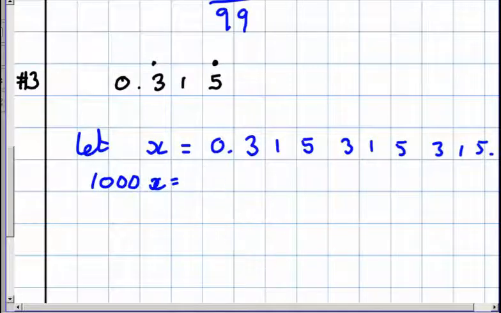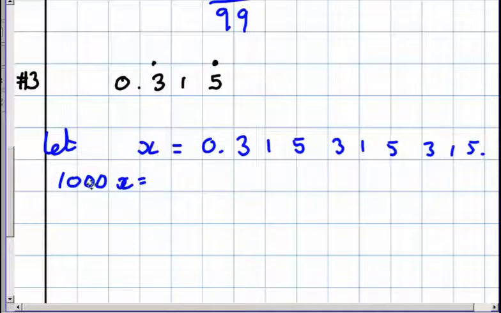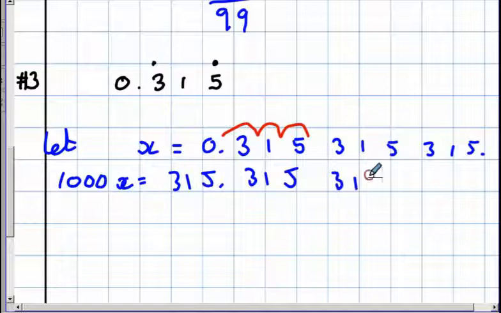So 1,000x is, again, there's no real arithmetic. It's going to be 315.315 recurring. And now when I take them away, 1,000x take away x is 999x.